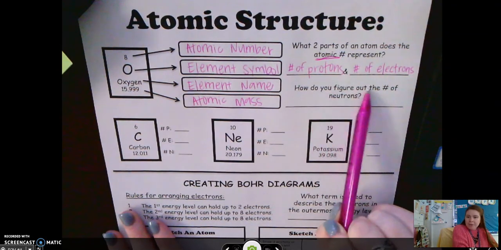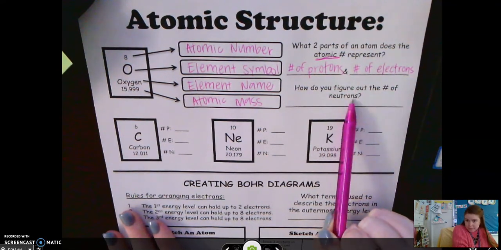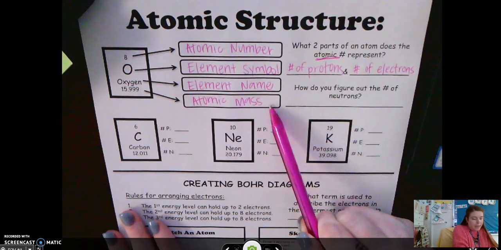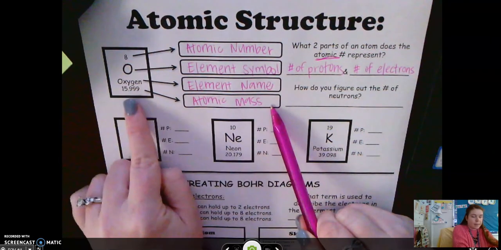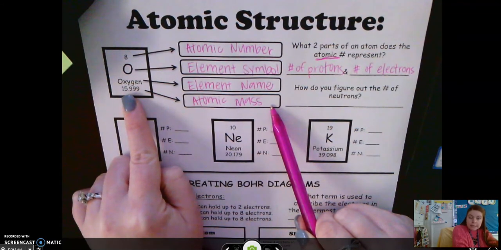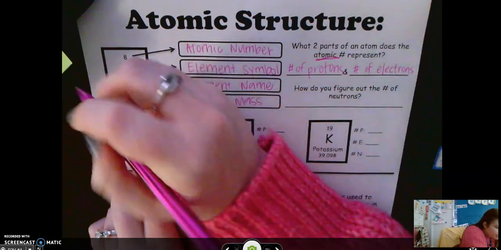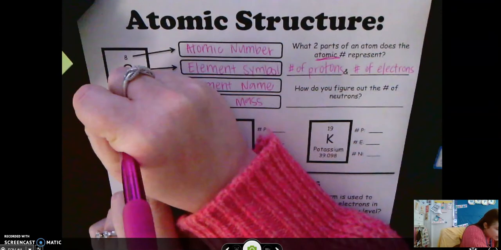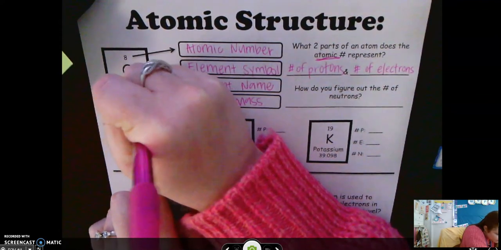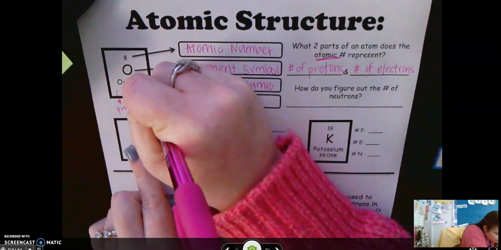How do you figure out the number of neutrons, though? So if we think back and we talk about this atomic mass, this number here, atomic mass is going to be our protons plus our neutrons. So I'm going to draw a little arrow right here and remind myself of that. My atomic mass is going to be protons plus neutrons.